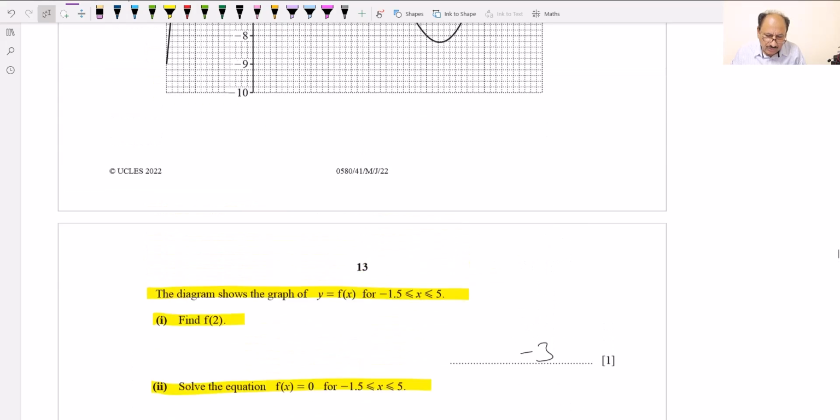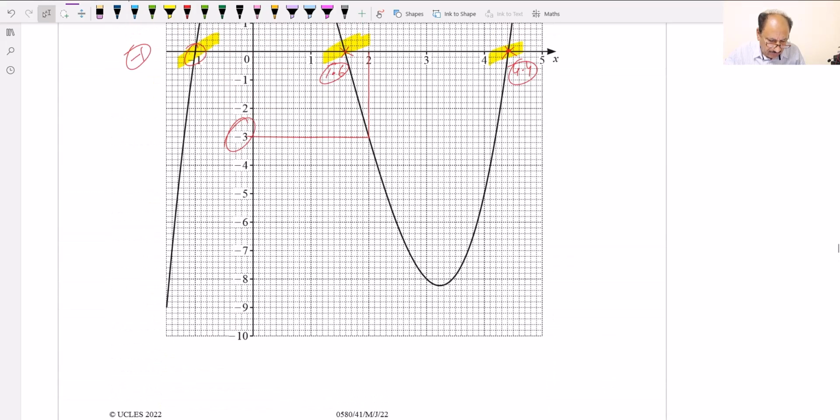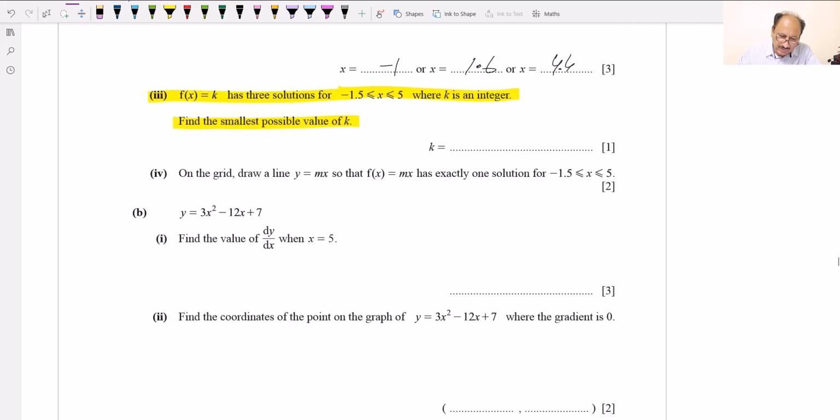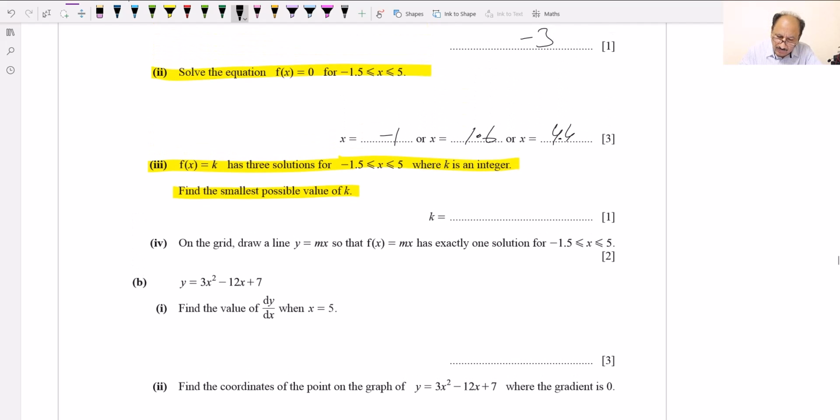So k is an integer, so we can take integer values for three solutions. We can draw this line, and this is having three solutions. If we take lower than -8, like -9, it will have only one solution. So we are taking k is equal to -8. So we'll write here -8. This is for 1 mark.